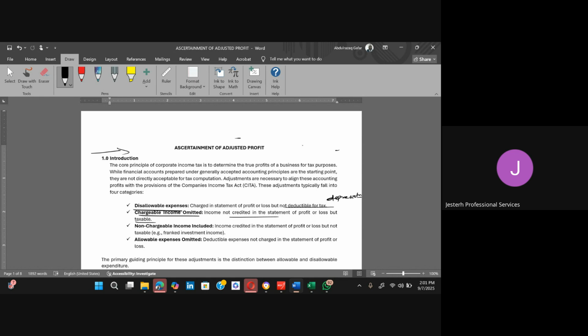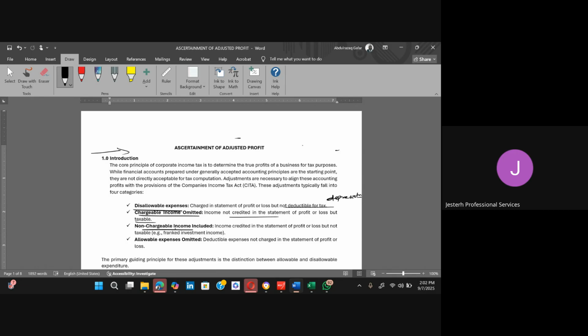There might be times when income generated by a company is mistakenly omitted. It may not be purposely omitted, but mistakenly omitted. So whenever we have such income, we need to make an adjustment to the accounting profits.